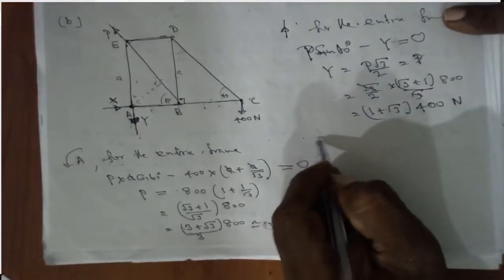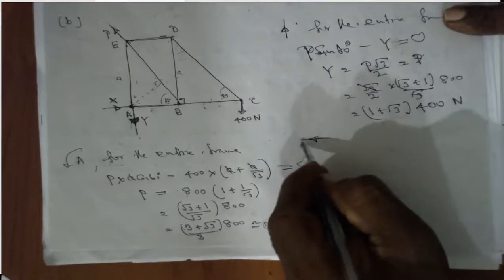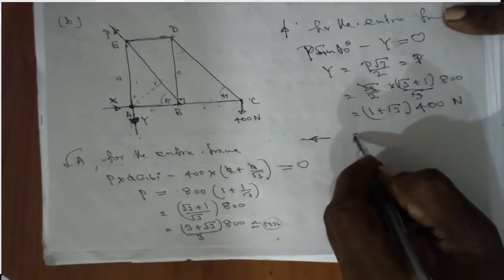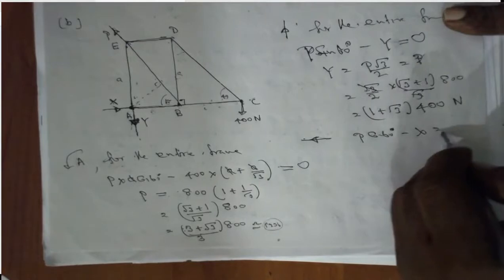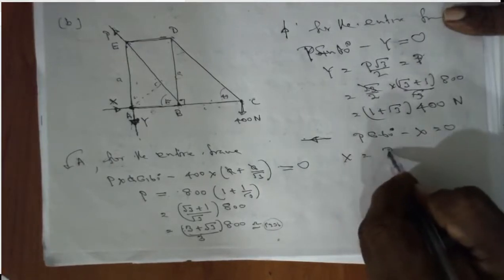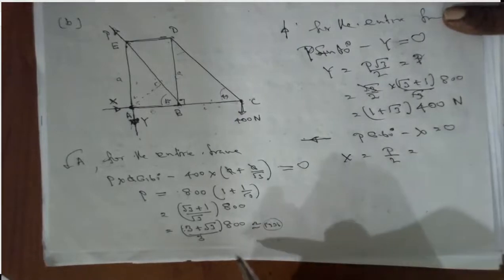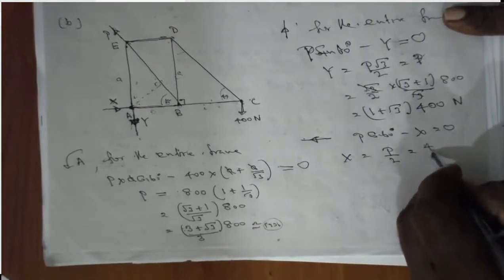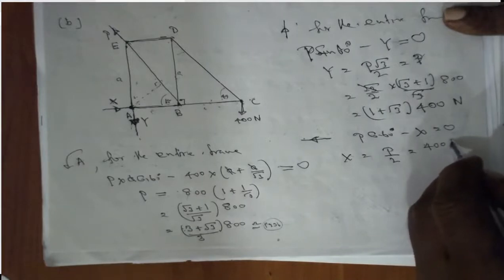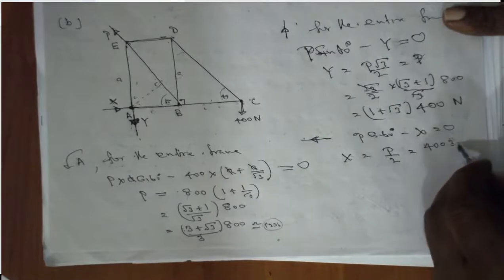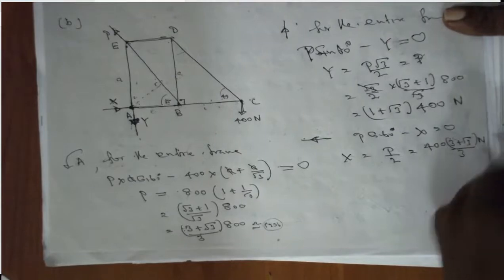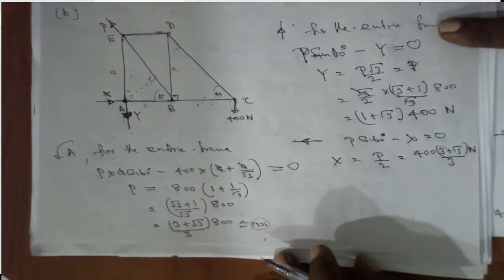You can resolve horizontally in this direction. P cos 60 minus x equals 0. So x equals p by 2. That is p by 2 means 400 times 3 plus root 3 by 3 Newton, right? So this is x.